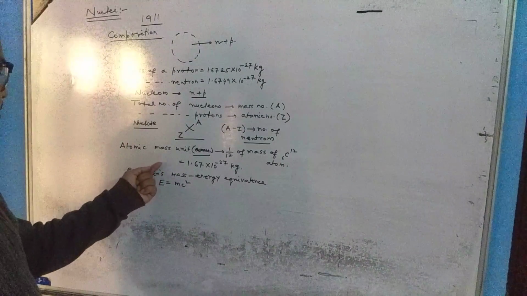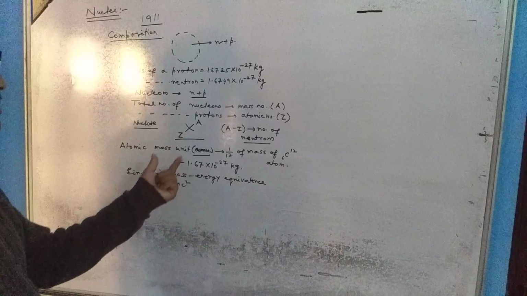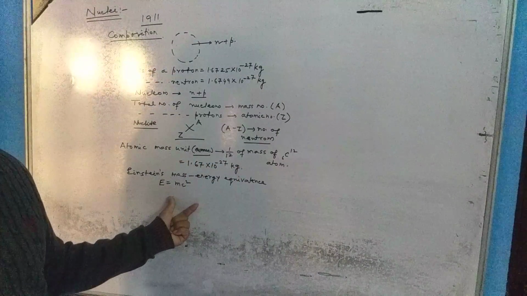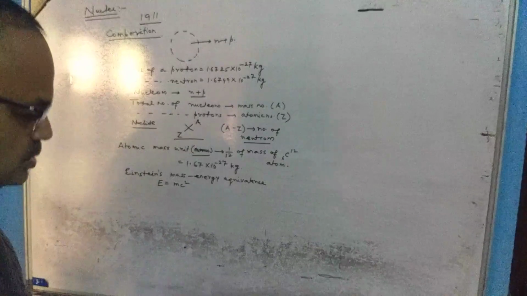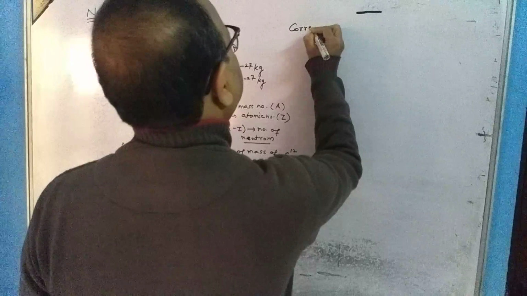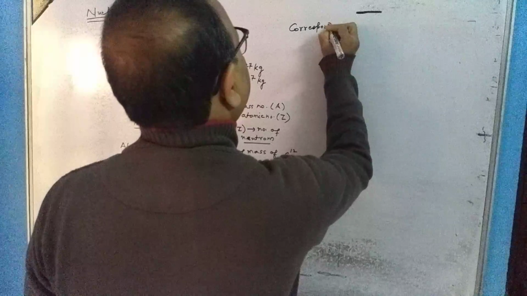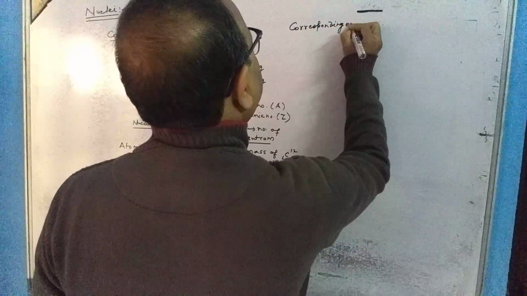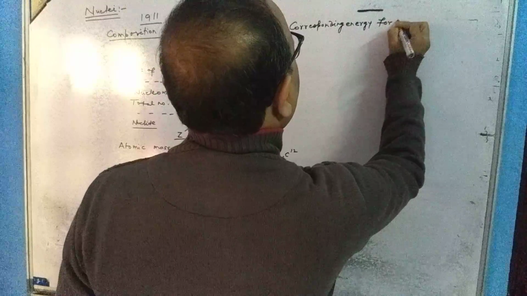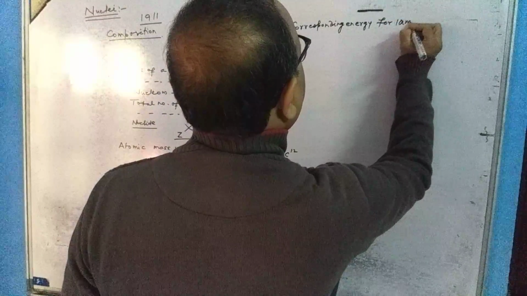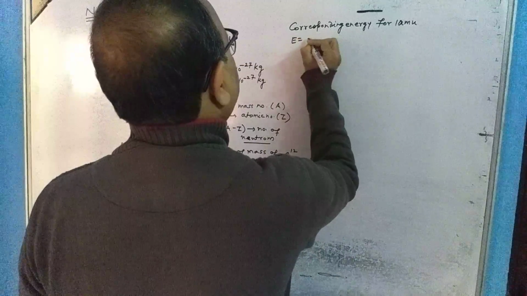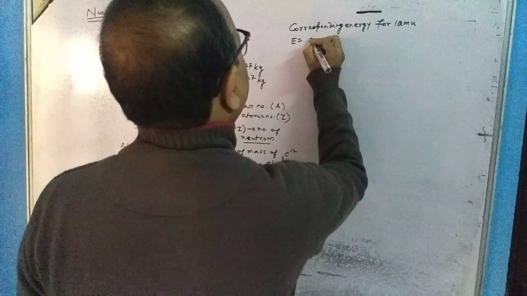Mass is this. I will find out a corresponding energy. So the corresponding energy for one atomic mass unit is equal to m into c square.